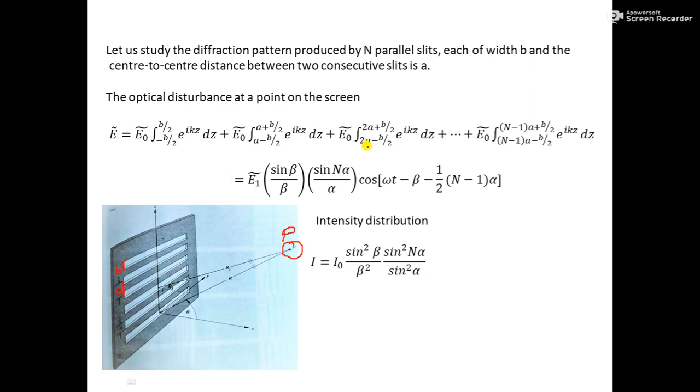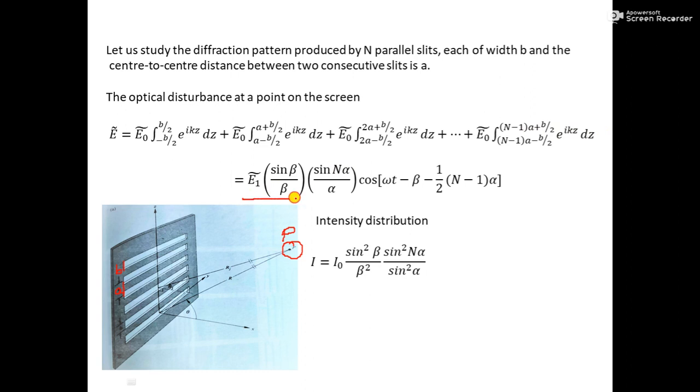The next one will be the integration from 2a minus b by 2 to 2a plus b by 2, and it will go till the integration from (n minus 1) a minus b by 2 to (n minus 1) a plus b by 2, of e to the power ikz dz. So by integrating we will get this expression.